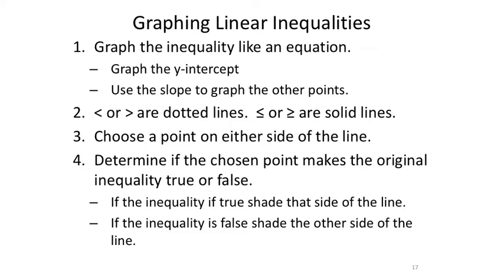So the shaded areas, whatever they are, are all true. All the points there, all the ordered pairs in that area are true. So again, we're looking at an infinite number of ordered pairs that make the inequality true. But the shaded part makes it so that we can communicate that easier and faster.